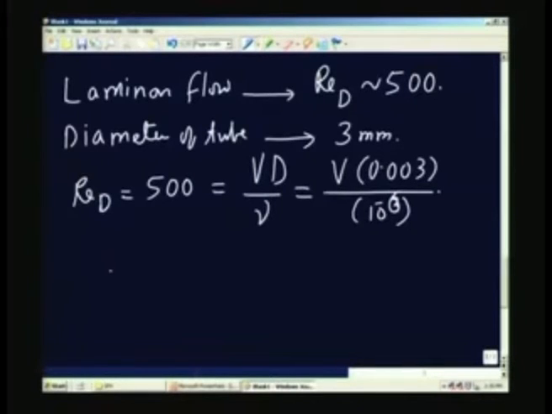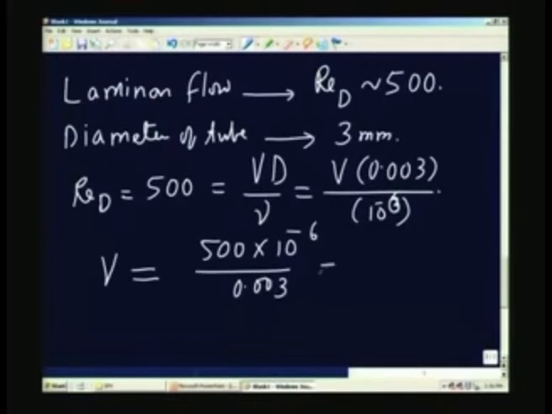And therefore, this gives you a velocity of 500 into 10 to the power of minus 6 divided by 0.003, and this is roughly 0.167 meter per second, or 1.67 centimeter per second.